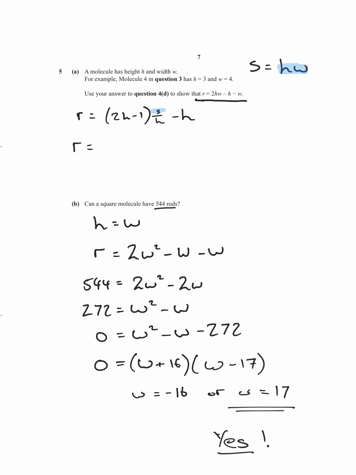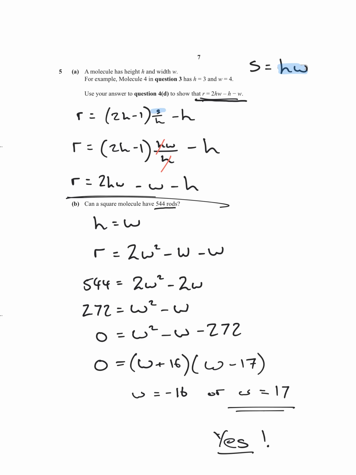R will equal 2h minus 1 times HW over H minus an H, which is quite nice because if I multiply and divide by an H, nothing happens, so I can cancel those out. What I'm left with, therefore, if I expand my bracket now, is R equals 2HW minus W minus another H, which is exactly what we had here on the show that. So we can say, yeah, that's our answer.